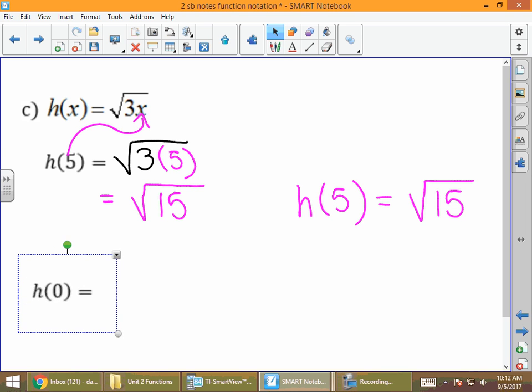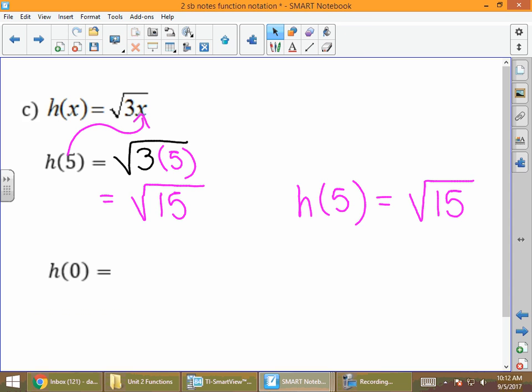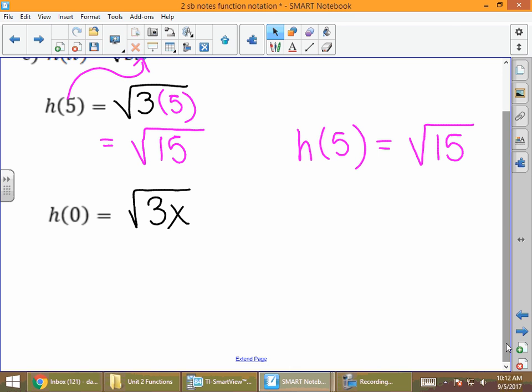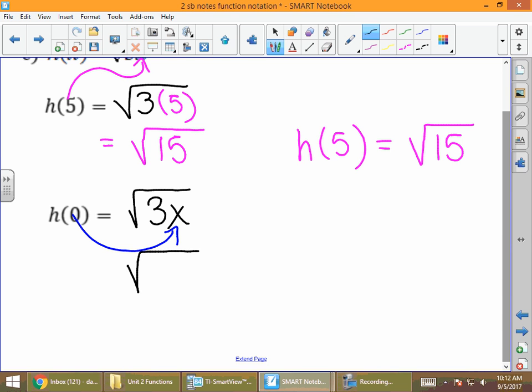And let's use the h of 0 here. And a reminder, it might be helpful to write the problem down again. Square root of 3x. And what we're doing is we're going to put the value of 0 back into our function for x. So this becomes 3 times 0.